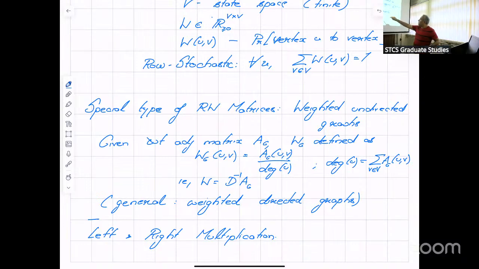So even though A_G is symmetric, D inverse sits on this side. The product of two symmetric matrices need not be symmetric.